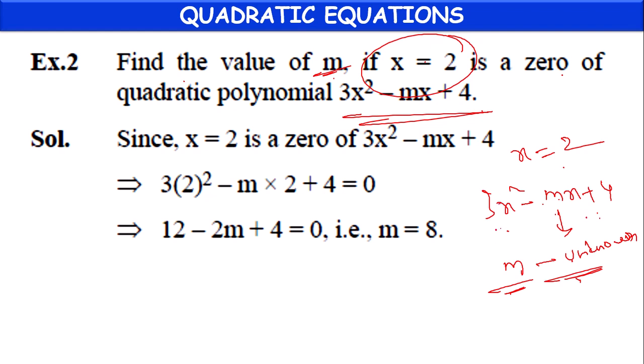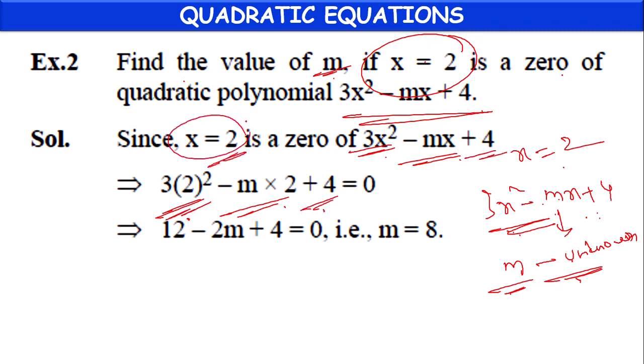So what we can do, in the place of x, we can keep 2. 3 into 2 square, minus m into 2, plus 4 as it is. But as x equal to 2 is the zero of polynomial, when we substitute x equal to 2, this entire expression will be equal to 0. We can equate to 0.